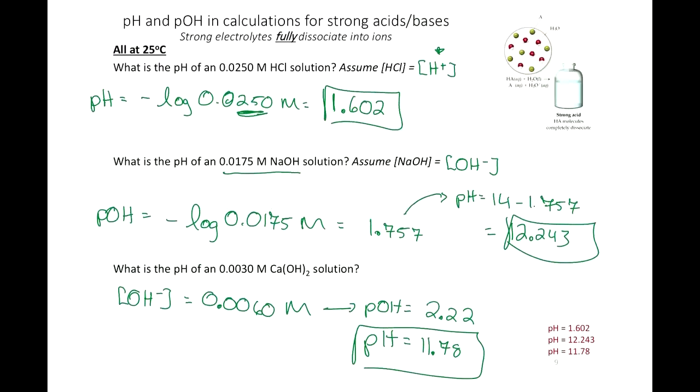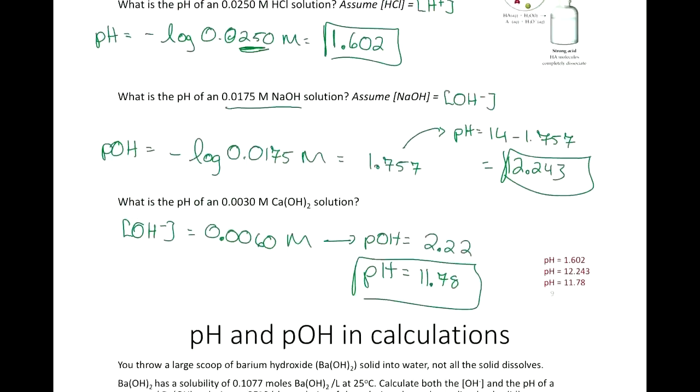All right, so these are using pH, POH calculations, but using actual substances. In these examples, they're all strong acids, strong bases, so we can make a small assumption to assume what the H plus or OH minus concentration is in those solutions.